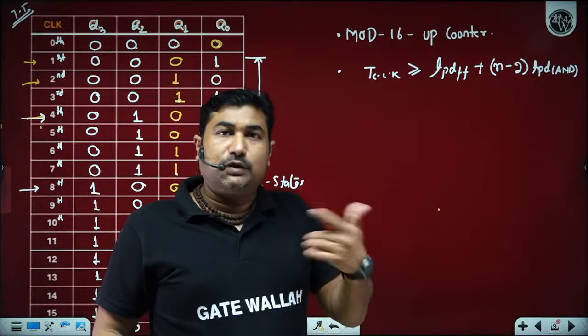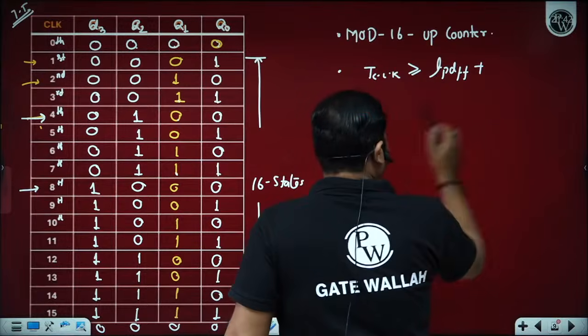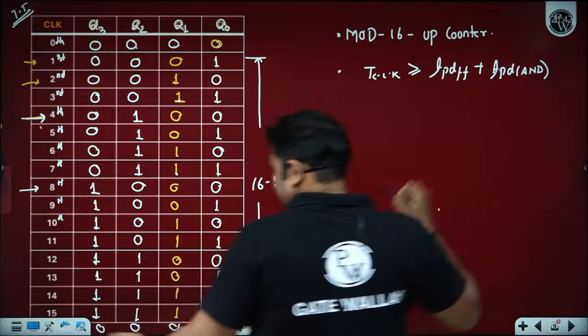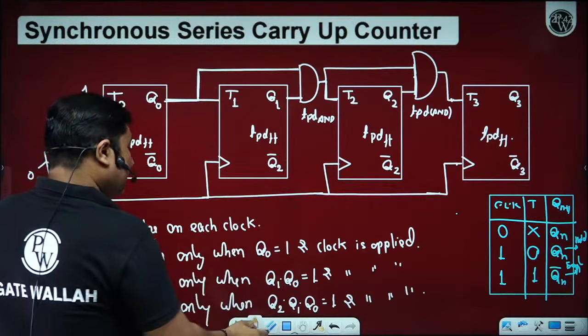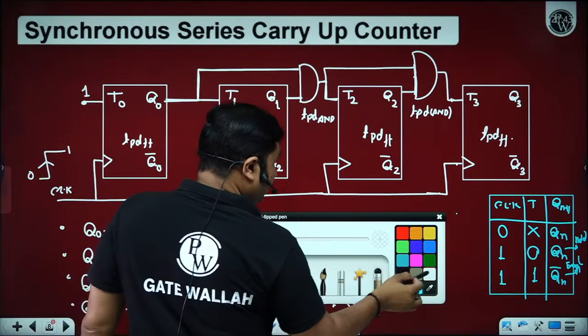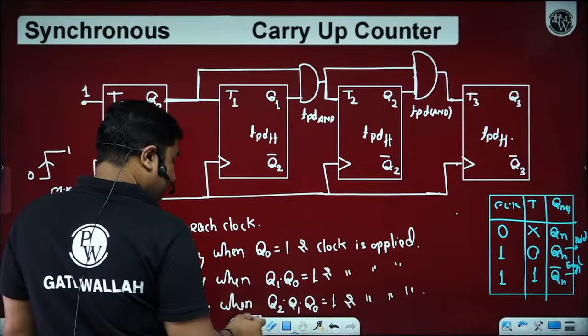If you want to improve the speed, we can go with a parallel carry up counter. In case of parallel carry up counter, speed increases. Why? Because all the AND gates are going to operate parallelly. So now I am going to make a parallel carry up counter again. Please observe.